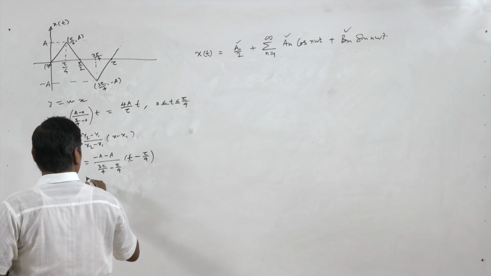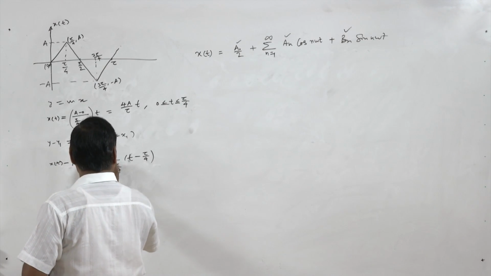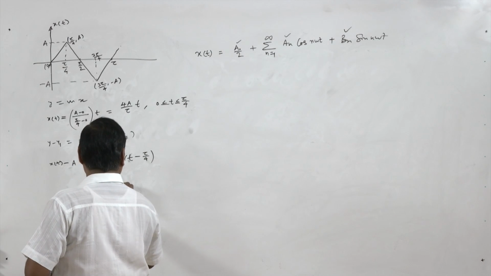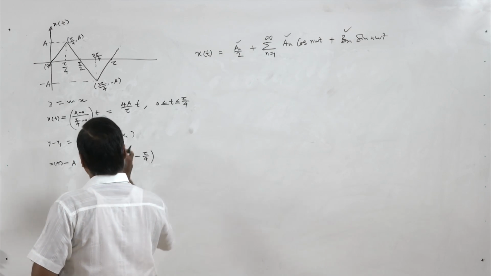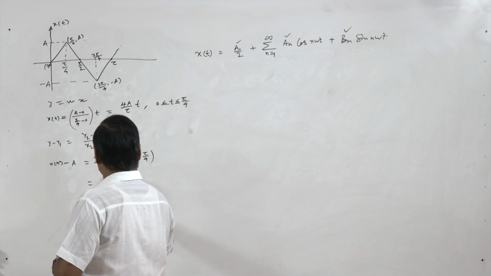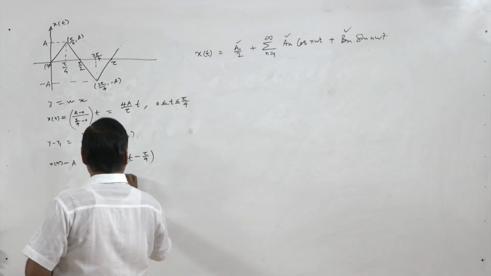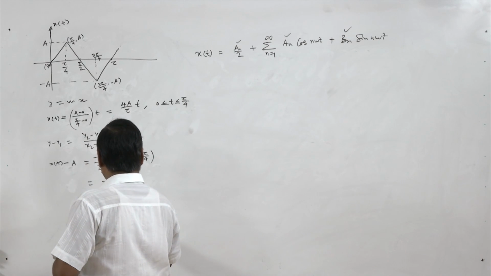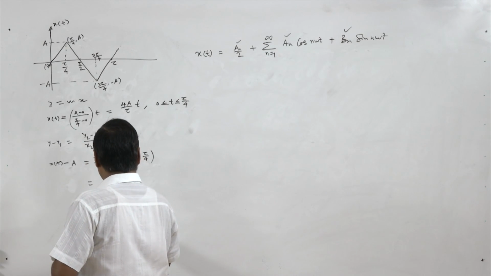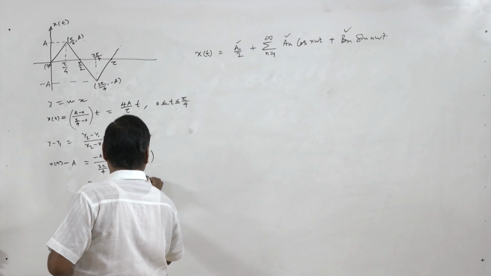So here it is minus a minus a, that is minus 2a, and this is 3 tau by 4 minus tau by 4, so it is 2 tau by 4, that is tau by 2, and here t minus tau by 4.